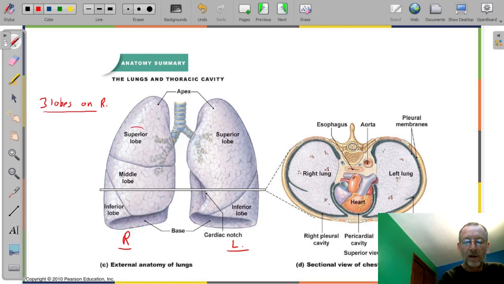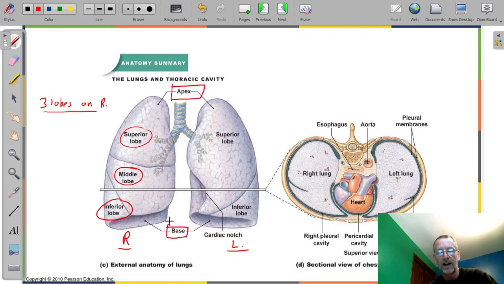And we have a superior lobe, a middle lobe, and an inferior lobe. That's how they would look in an anterior view. The apex is at the top, and the base is at the bottom, sitting right on top of the diaphragm. On the left side, we have a superior and an inferior lobe. So there's only 2 lobes on the left.